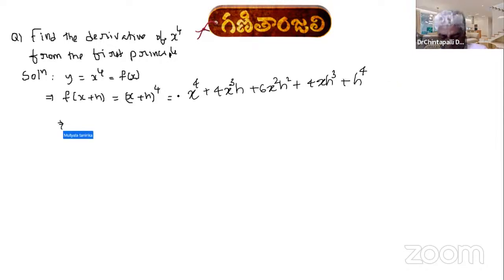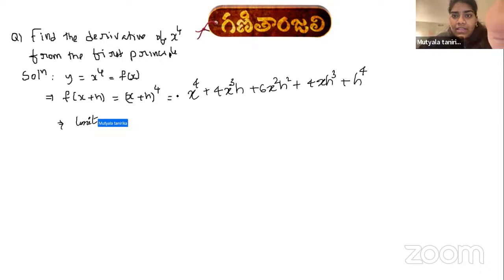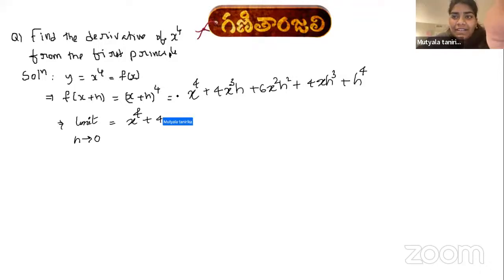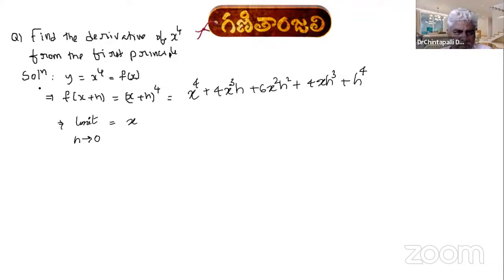Now, therefore, dy by dx is equal to limit h tends to 0, f of x plus h minus f of x by h.